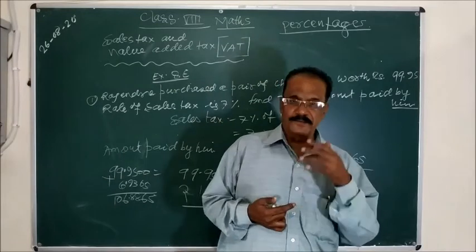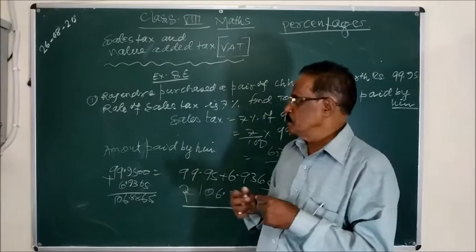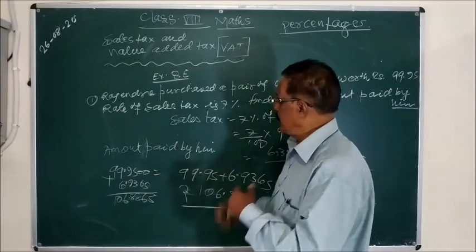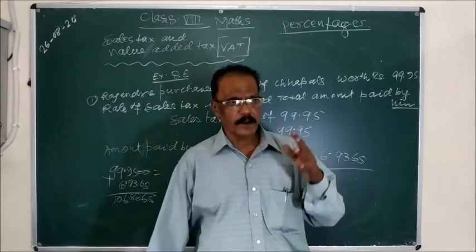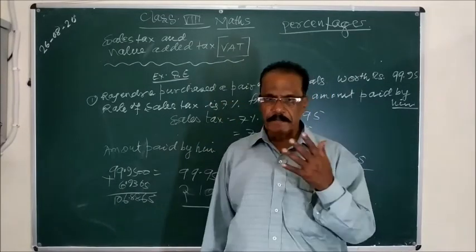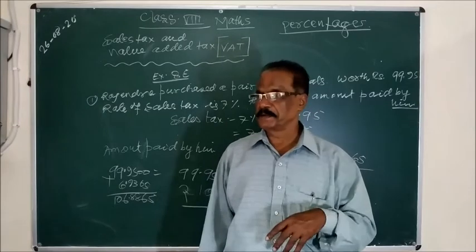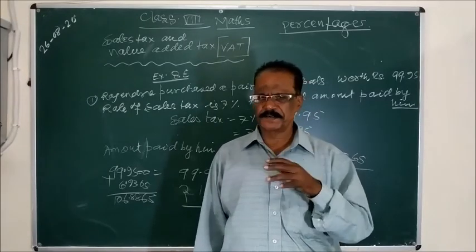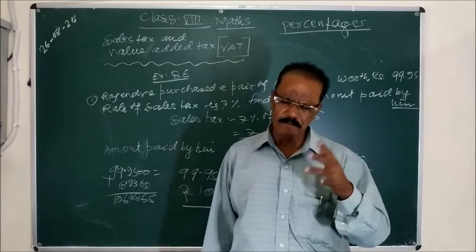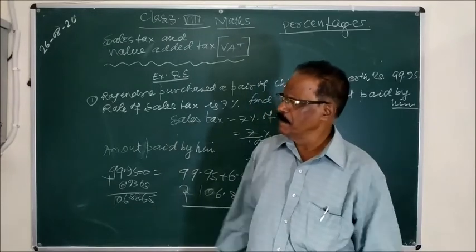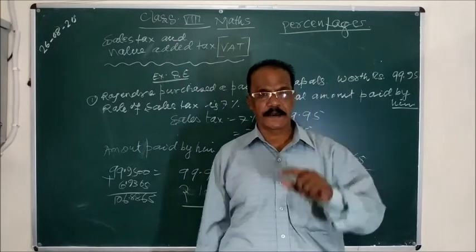Now you will try to solve one question. So I want to re-explain what is the sales tax. There are a number of taxes, income tax, custom duties, excise duties, or you will learn more in higher class. But now concentrate on sales tax.